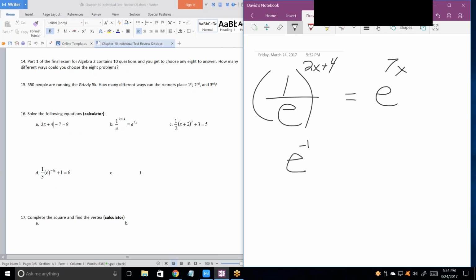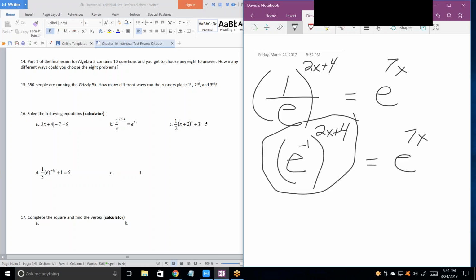E to the minus 1. Okay. And the advantage of doing that is now I can apply the rules of exponents. So what's that equal to? E of negative 1 to 7.